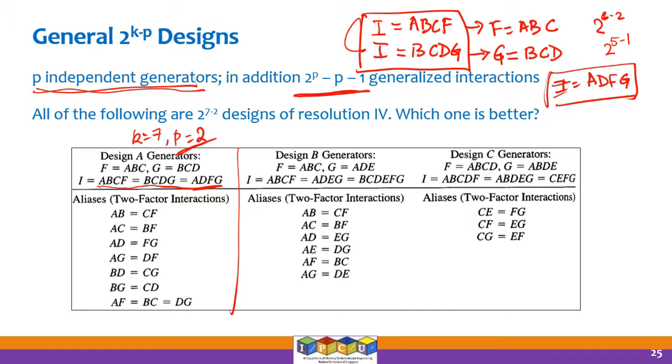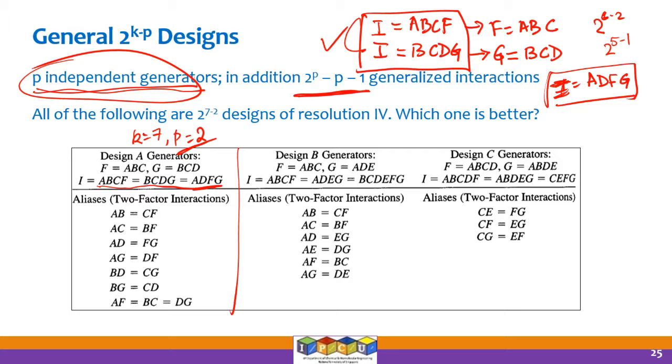Okay, fine. Now, how many generalized interactions do we have? We have these 2 independent generators, and we have one more here, which we get by multiplying these 2. That's how we get this third one.